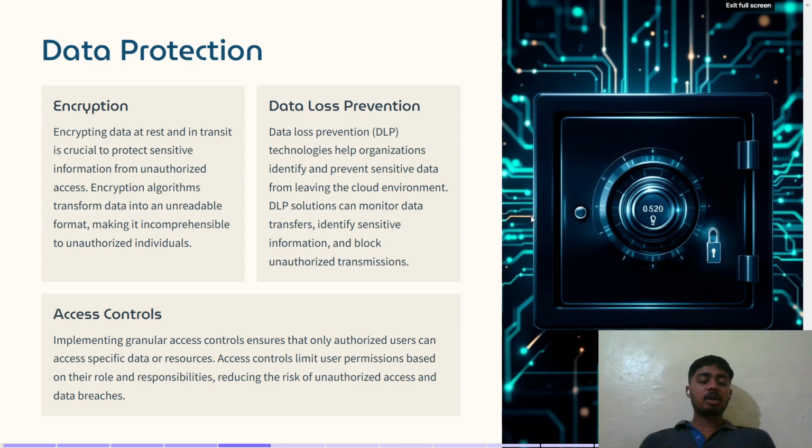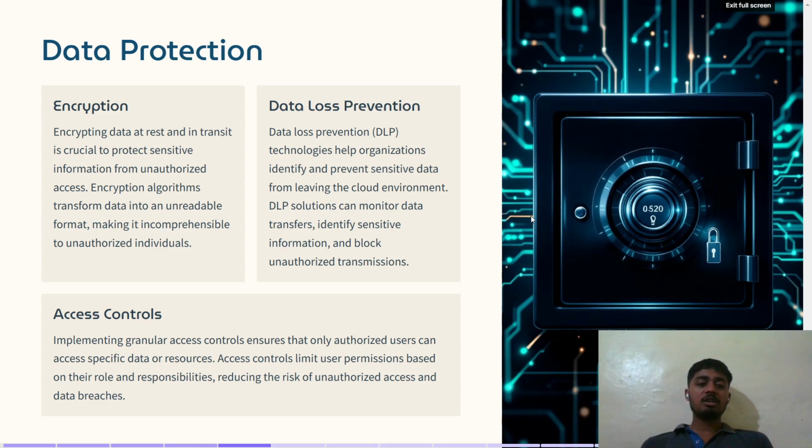Now, in data protection, we have encryption, data loss prevention, and access controls. Let's see each one of them. Encryption of data at rest and in transit is crucial to protect sensitive information from unauthorized access. Encryption algorithms transform data into an unreadable format, making it incomprehensible to unauthorized individuals.